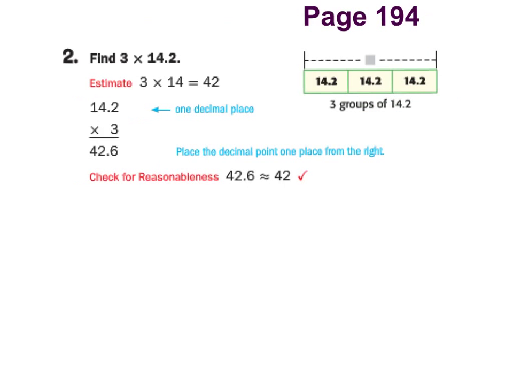Okay? In this example, we have 3 times 14 and 2 tenths. Here, this is what we're doing in our head to estimate first: 14 and 2 tenths, 14 and 2 tenths, 14 and 2 tenths. We're going to have something and some tenths when we're finished.